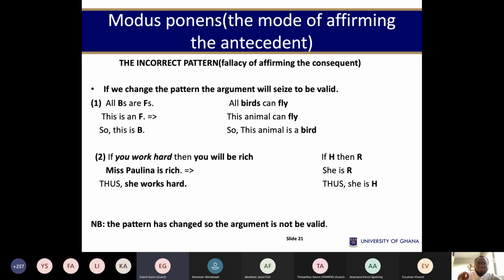So the incorrect pattern of modus ponens is the fallacy of affirming the consequent. Now, this is a fallacy because you have changed the pattern of a correct, valid deductive argument. Because you have changed that, the conclusion cannot follow for the argument to be deductive.